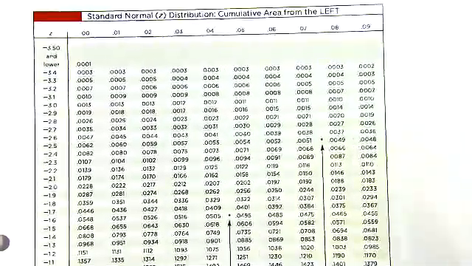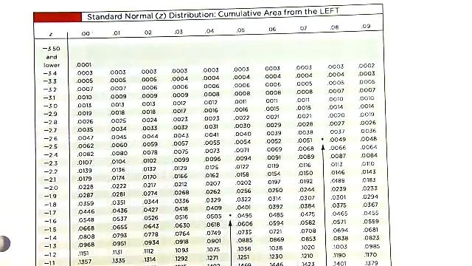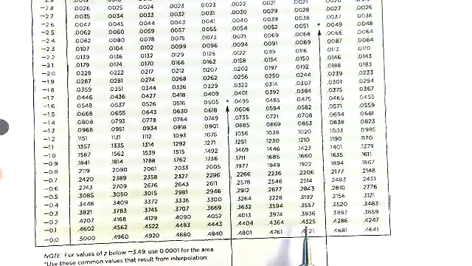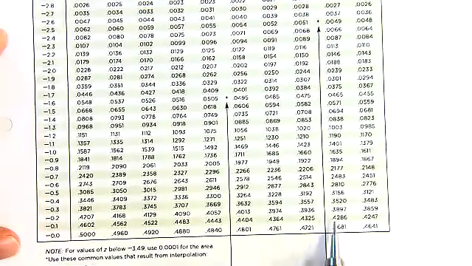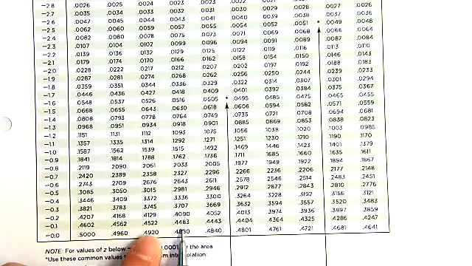Once again, we look in this sea of numbers for 0.45. Should be towards the bottom right. Okay, here we go. I've got two choices, 0.4522 or 0.4483.